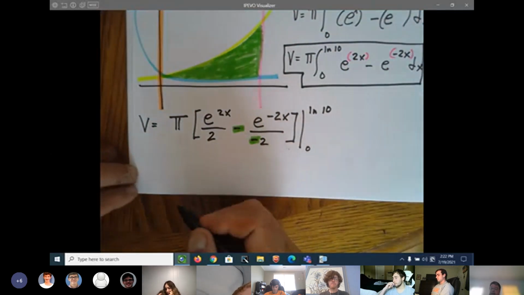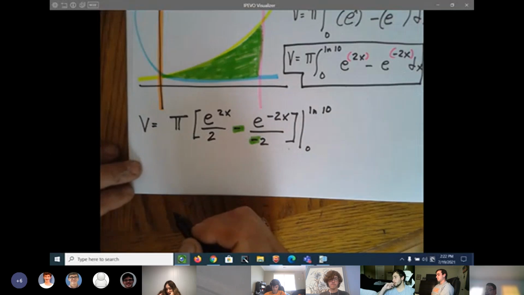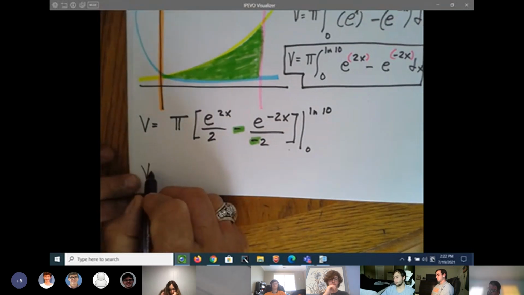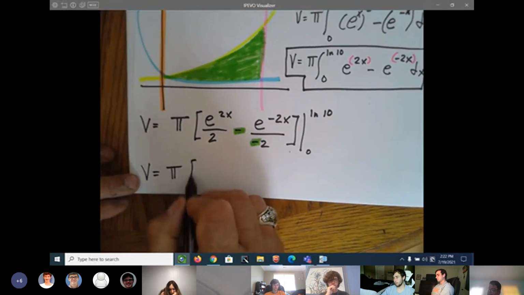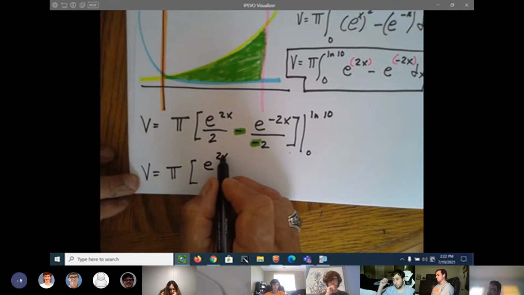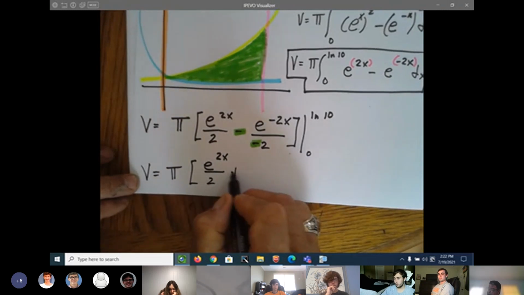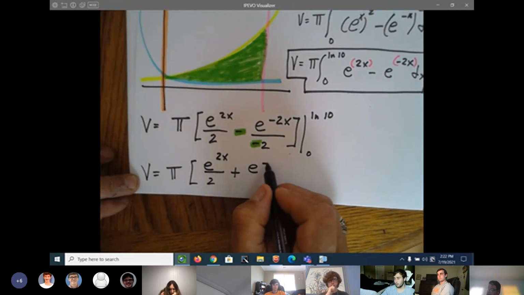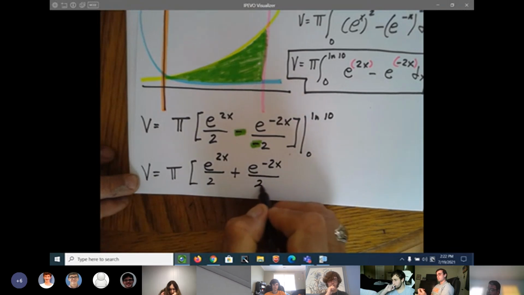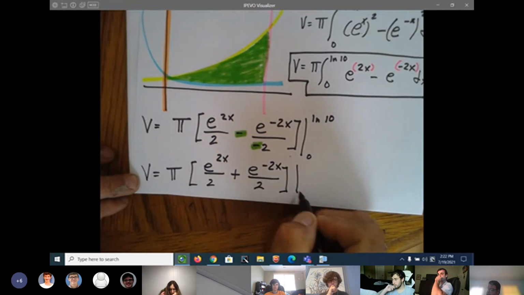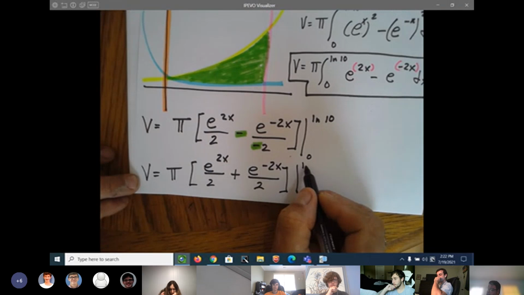But the actual starting to plug and chug is V is equal to pi, e to the 2x over 2 plus e to the negative 2x over 2, evaluated at 0 and natural log of 10.